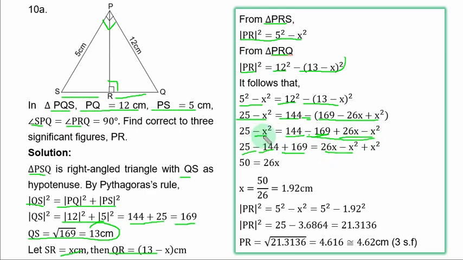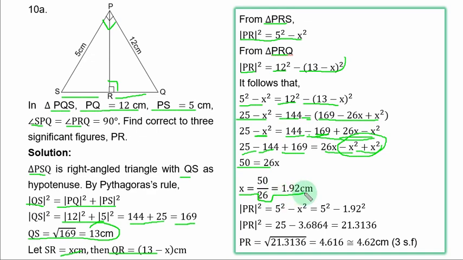If you transfer this, it becomes plus x squared. Clearly, these terms become 0. If you add and subtract the other side, you have 50 equal to 26x. To get x, divide both sides by 26, and x is equal to 50 over 26, and that is 1.92 centimeters.